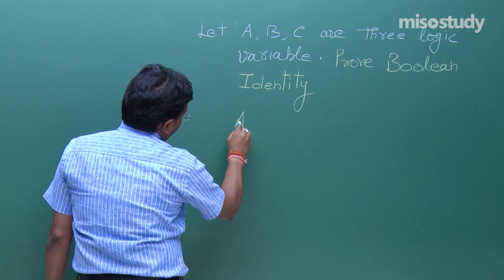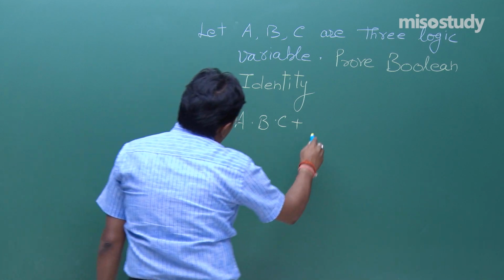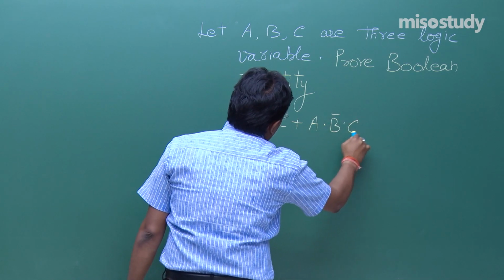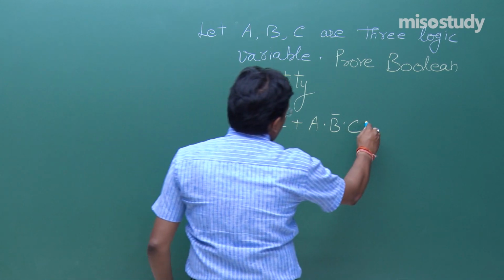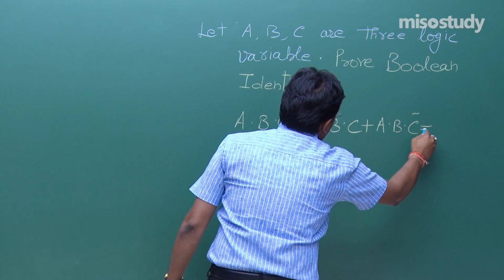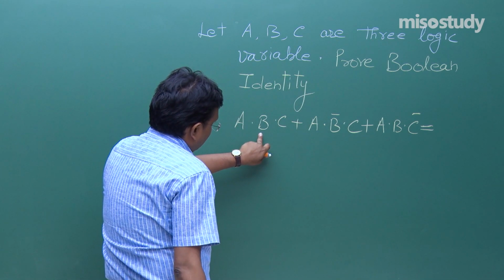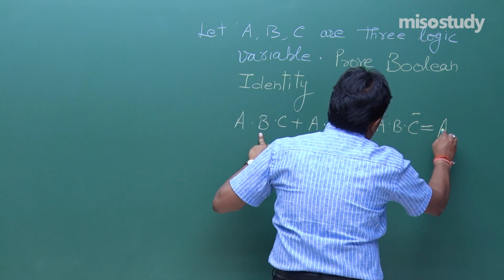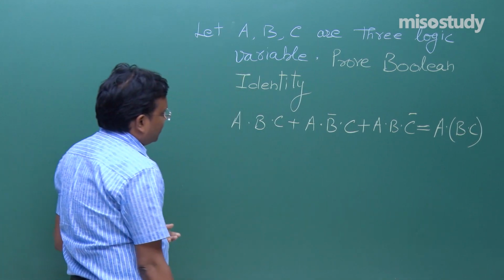A, B, C are 3 logic variables, prove the Boolean identity. And what is the identity? A dot B dot C plus A dot B bar dot C plus A dot B dot C bar is equal to A dot B dot C, A dot B bar C plus A dot B bar dot C. Prove A dot within bracket B dot C. Let us say we want to prove this identity.